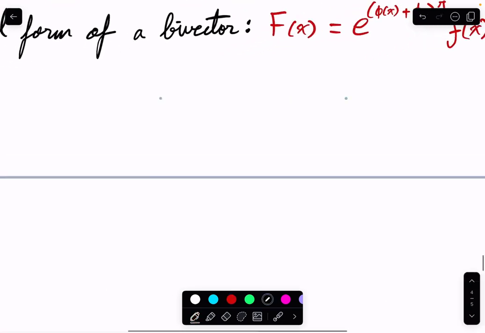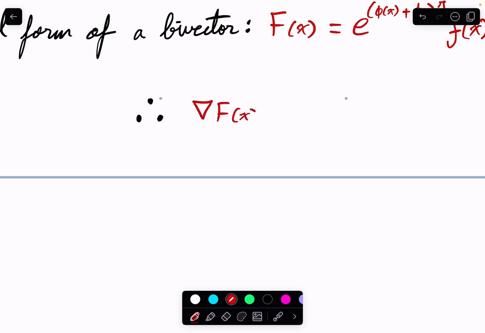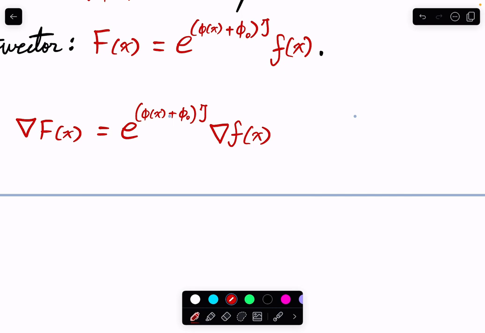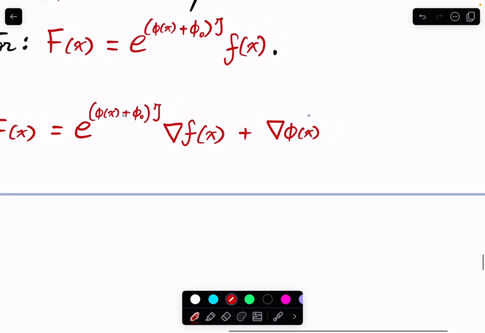So if we have that, this implies that therefore the gradient of this field is equal to, you just have the phase vector, and then the gradient of the canonical bivector plus the gradient of the phase times the original bivector, capital F, and the pseudoscalar.